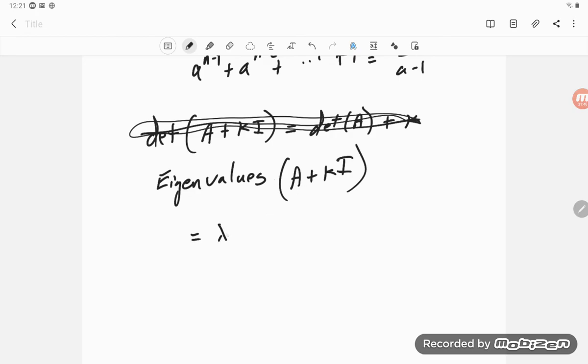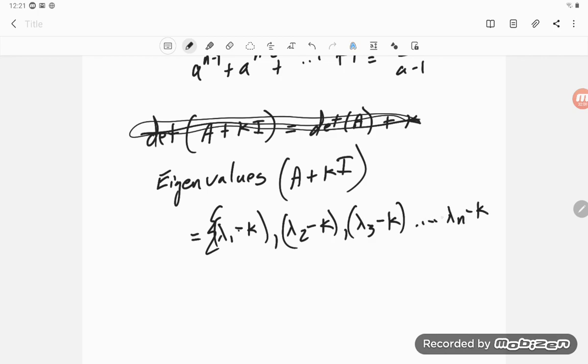So we'll use lambda, so we'll do lambda1 plus k, here's a set, and then lambda2 plus k, lambda3 plus k, all the way down to lambda n plus k.